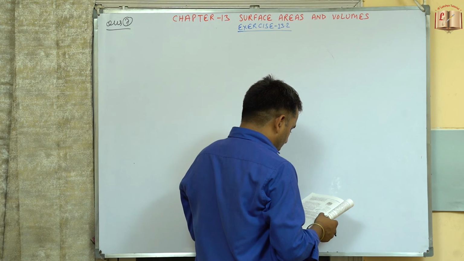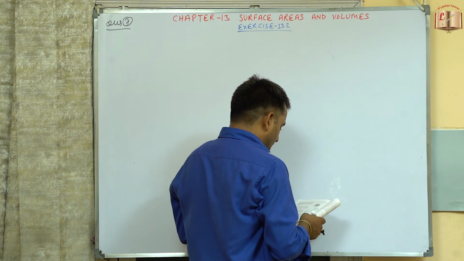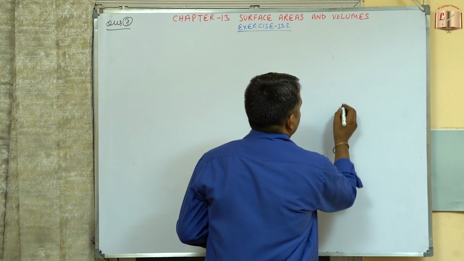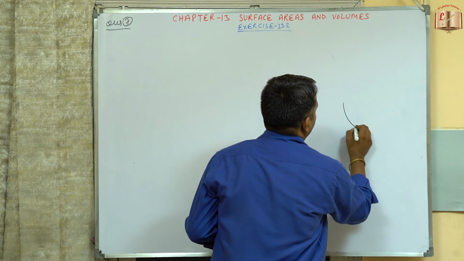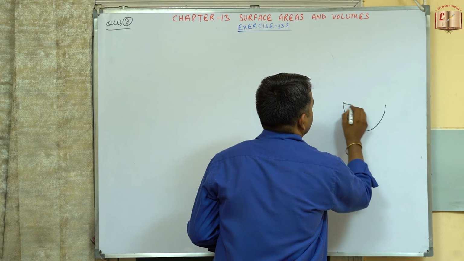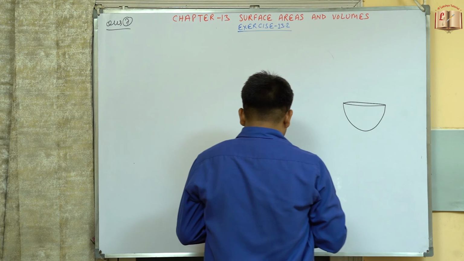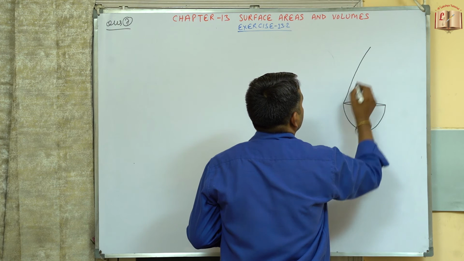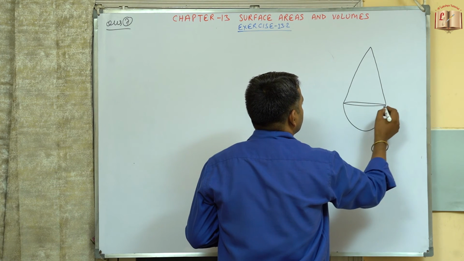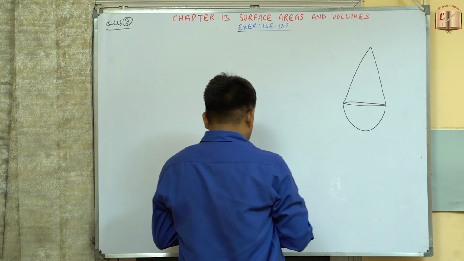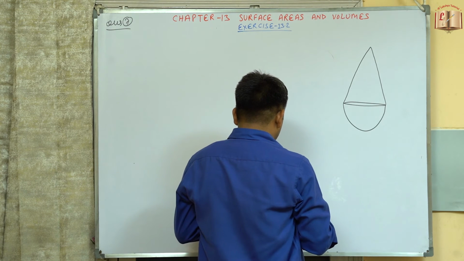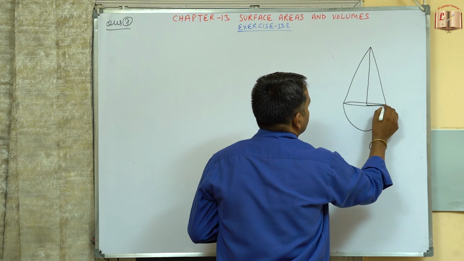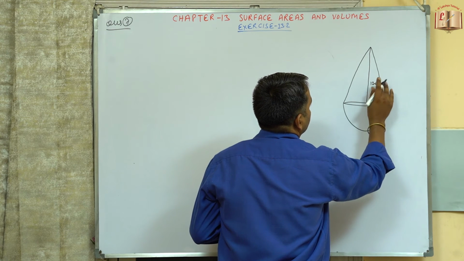This right circular cone of height 120 centimeter and radius 60 centimeter standing on a hemisphere. So first of all, we will make our figure. So this is the hemisphere. A right circular cone is standing on it. So this is a right circular cone standing on it. Height is already given for this. So height is 120.